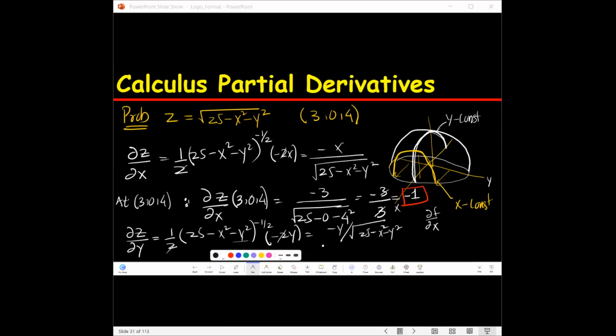If I substitute the values at (3, 0, 4), everything becomes 0 because I have a y in the numerator, and that is my answer for this one.